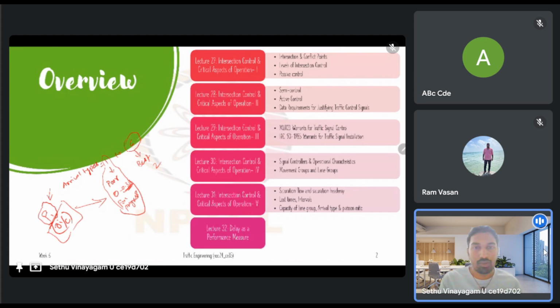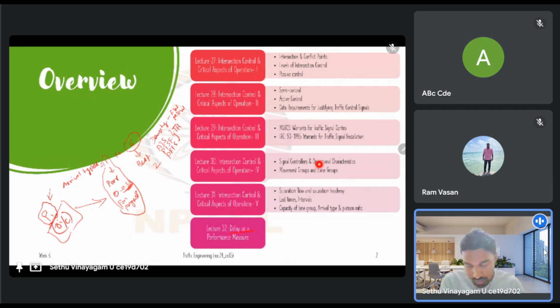And then finally, we were looking at a performance measure for signalized intersections, which is delay. So far, when quantifying the LOS for highways, we were using different performance measures. Density for freeways and multi-lane highways, and then the average travel speed, percentage time spent following, and the percentage of the free flow speed, which were used for two-lane highways.